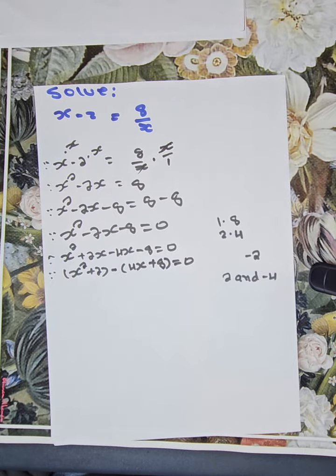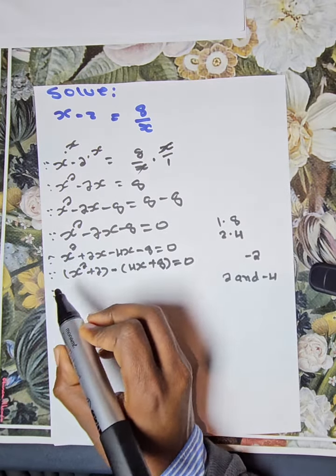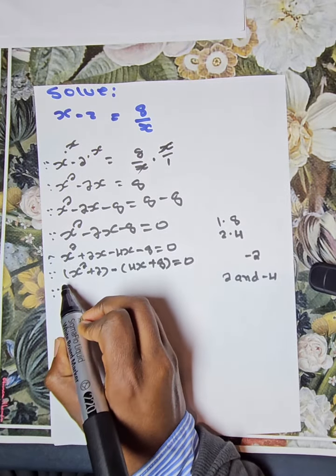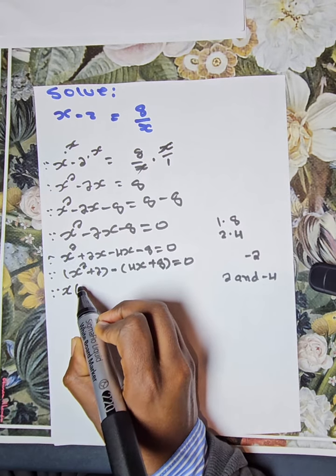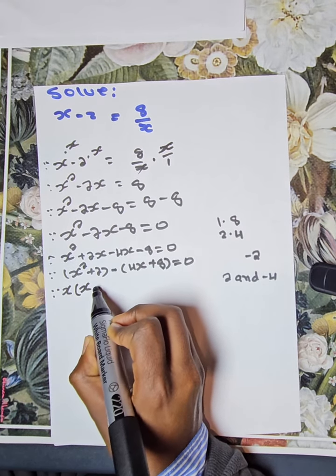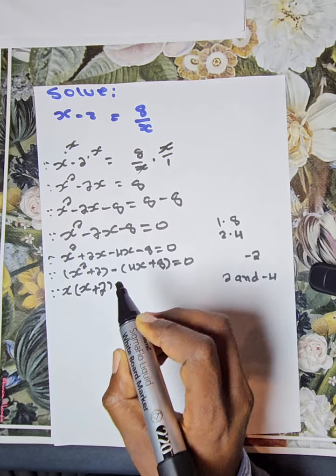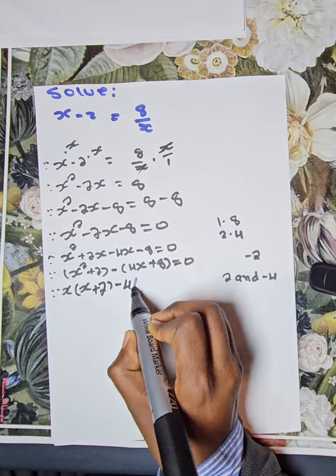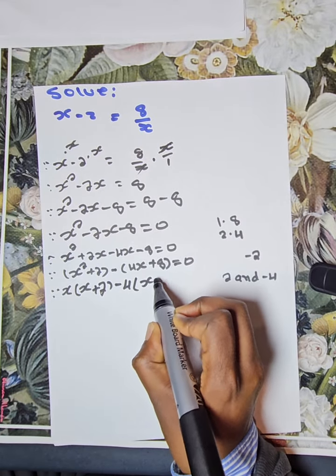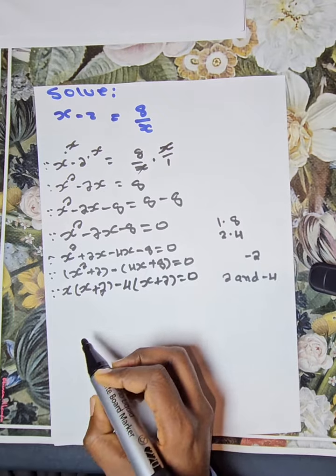Now we have groups. Check if you can take out any common factor. In our first term, we can take out x as a common factor, which leaves us inside the bracket x plus 2. In the second term, we can take out 4 as a common factor, which leaves us x plus 2, and all equal to 0.